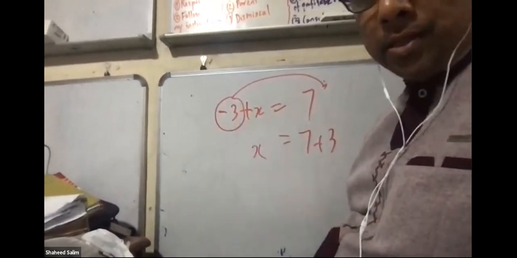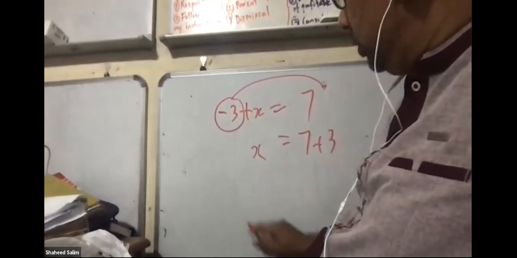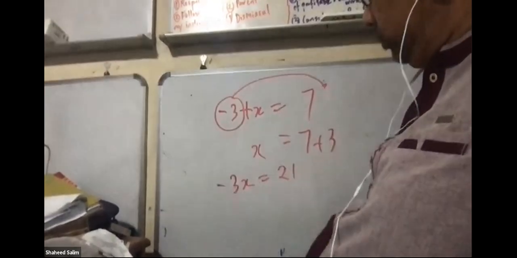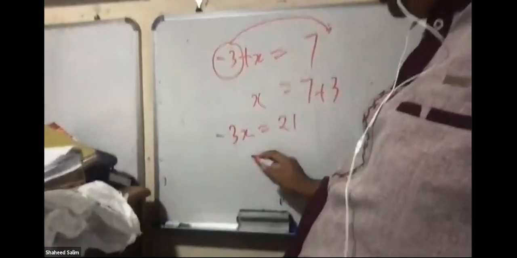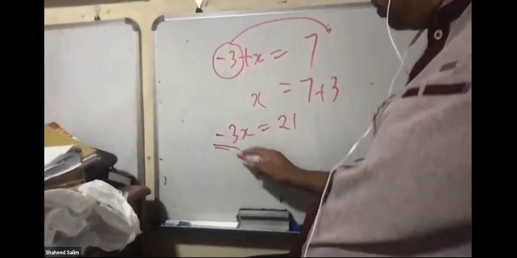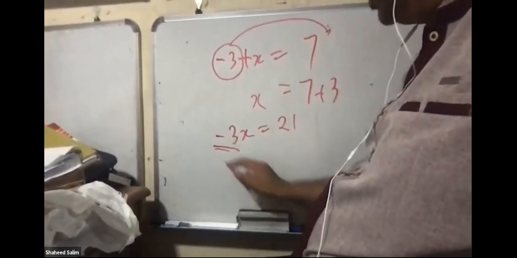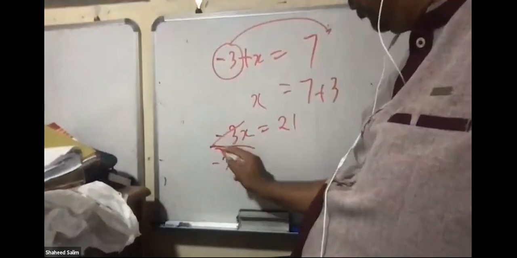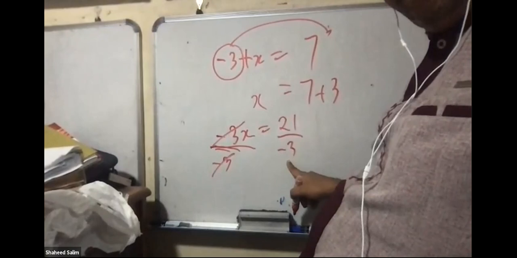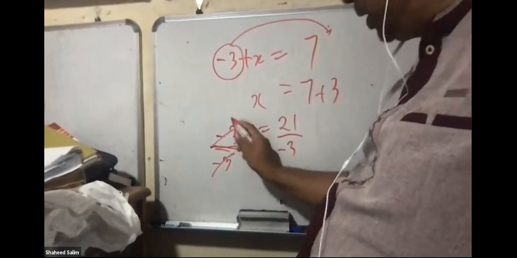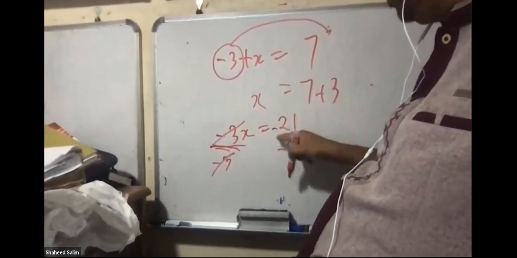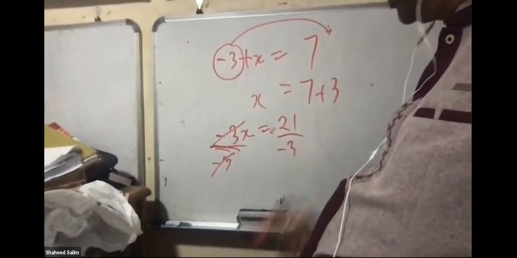But you will get negative 3x equals to 21. And you want to bring the negative 3 over, is no longer bringing it over, plus becomes minus. This is actually dividing by negative 3. Then I divide by negative 3. So you can bring the whole thing, it doesn't change the sign. You just divide it. If negative, negative becomes positive. If it's not, it becomes like that.